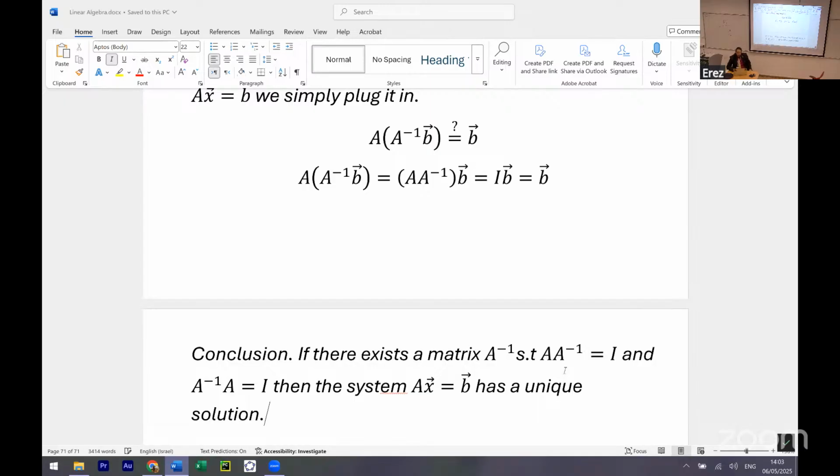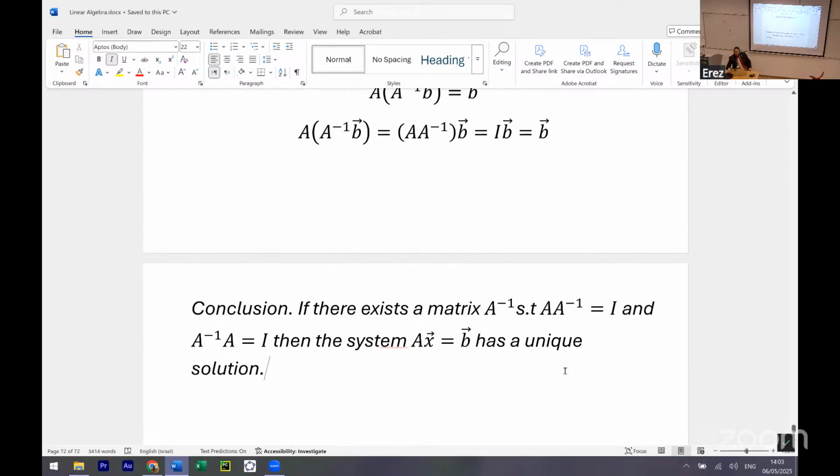So that's one way to look at invertible matrices. It's not the only one, but that's the one we started with, linear systems of equations.